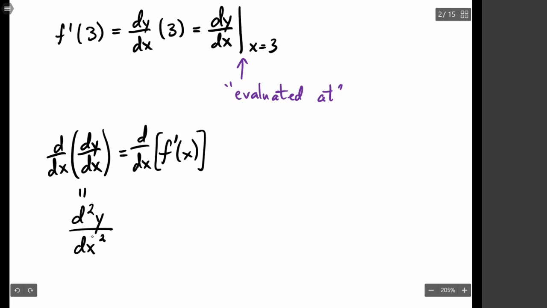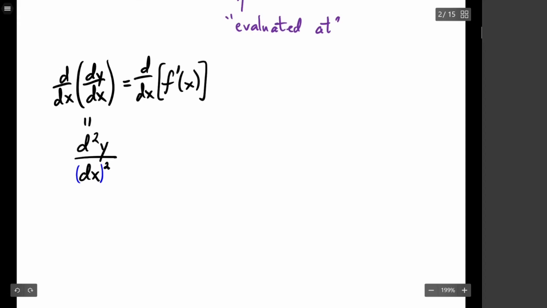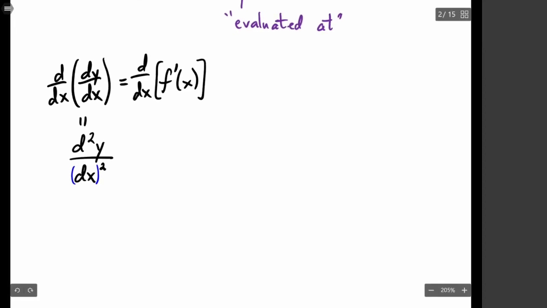Notice that the squared moves over because the bottom, we don't write these parentheses, but the bottom is thought of like this, because the object down there is dx, not d times x. It's an object that's called dx. On this side, another notation is f prime prime of x.